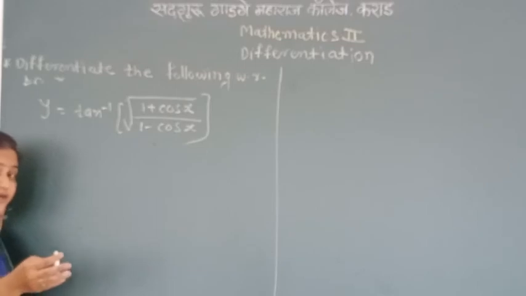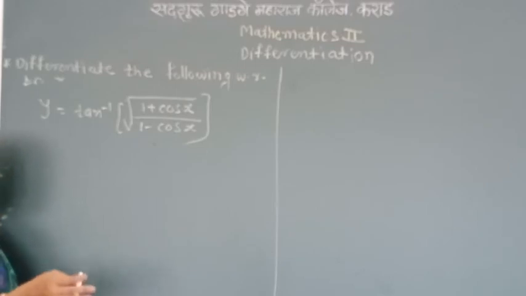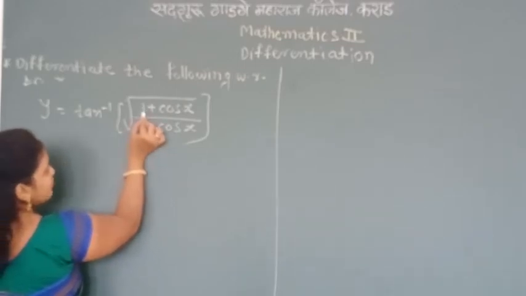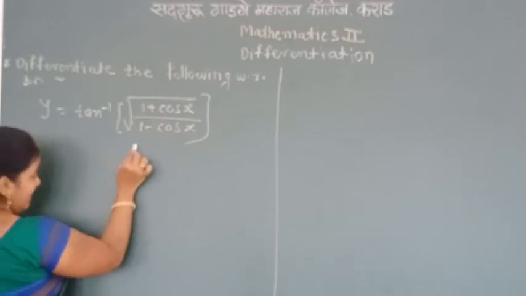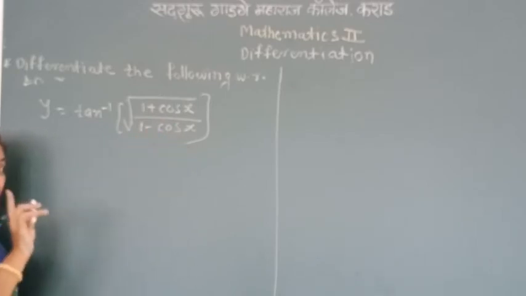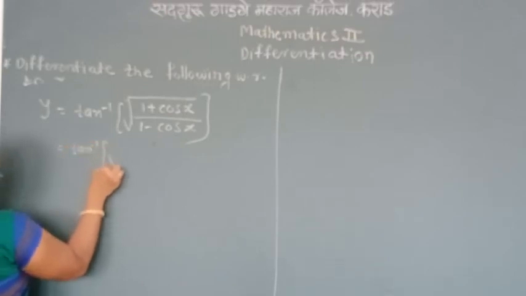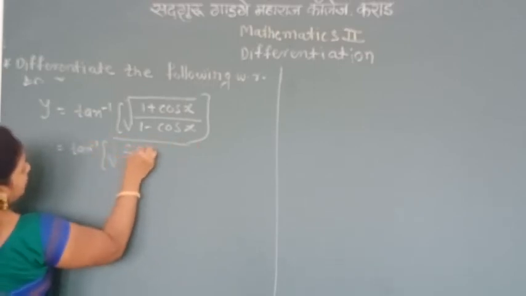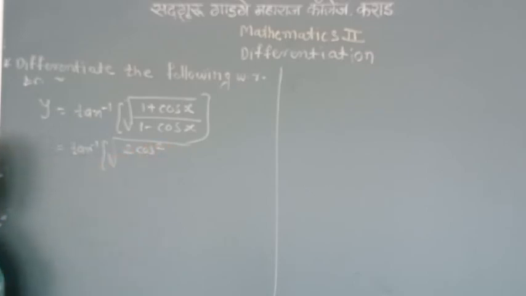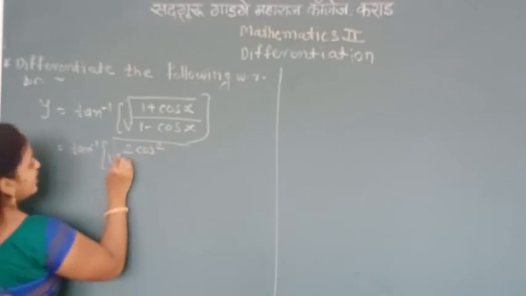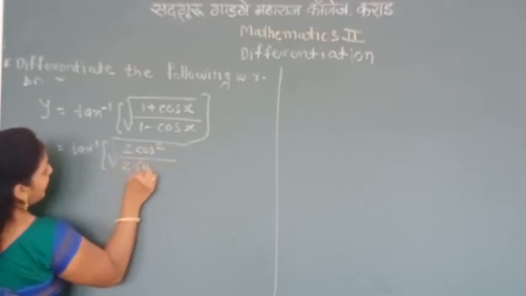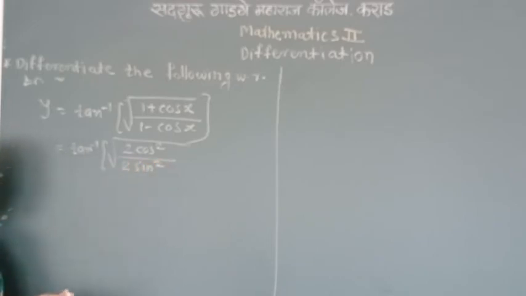We can again use the multiple angle formula of cos. Again here the pairing is 1 plus cos and the second pairing is 1 minus cos. So 1 plus cos we convert into 2 multiplied by cos square, and 1 minus cos we convert into 2 multiplied by sin square. What about the angle?